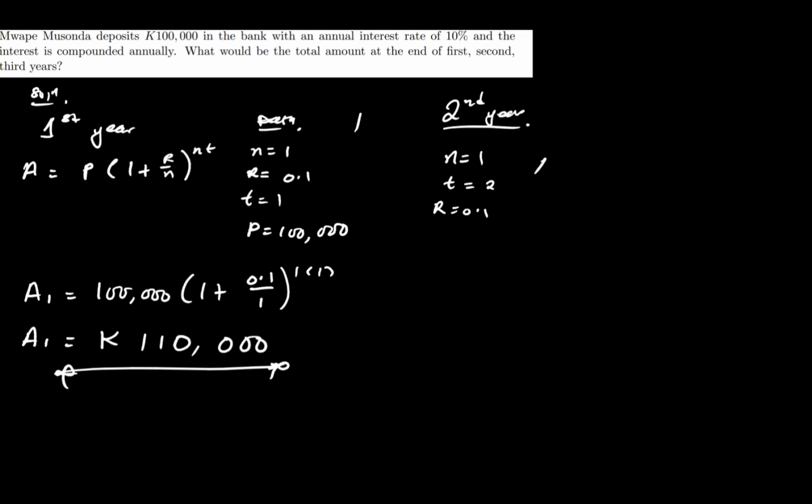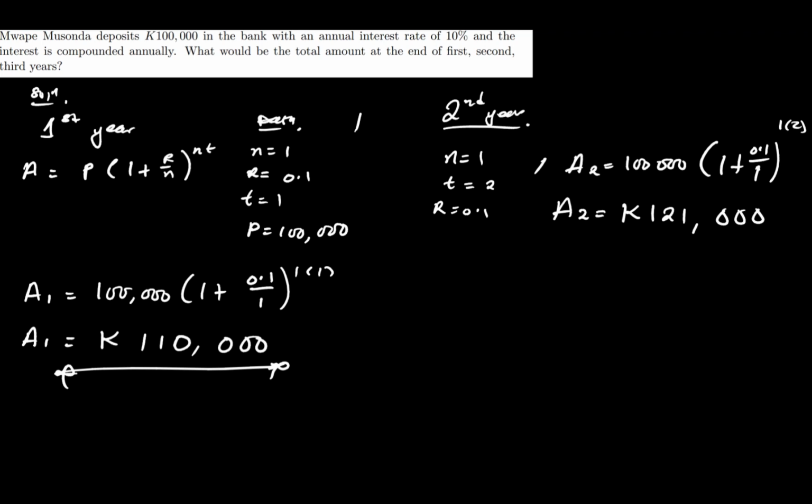So S sub 2 is equal to 100,000 times 1 plus 0.1 over 1, to the power 1 times 2. And the total amount in the second year will be 121,000.